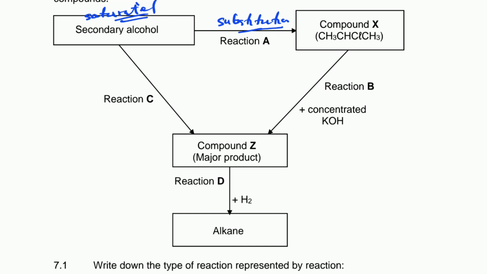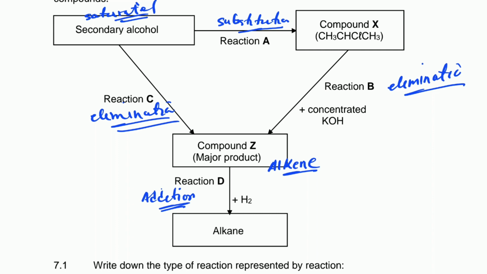If you add hydrogen to a compound and you get an alkane, it means that compound Z was an alkene. And that reaction D is going to be addition. It's an addition in which you add hydrogen, and therefore if you will, it's hydrogenation.